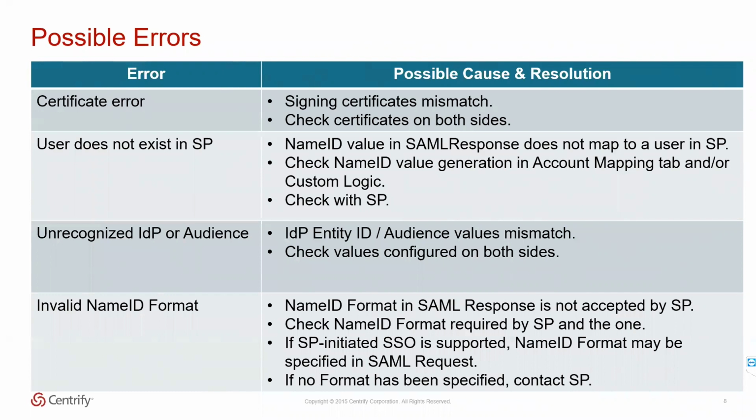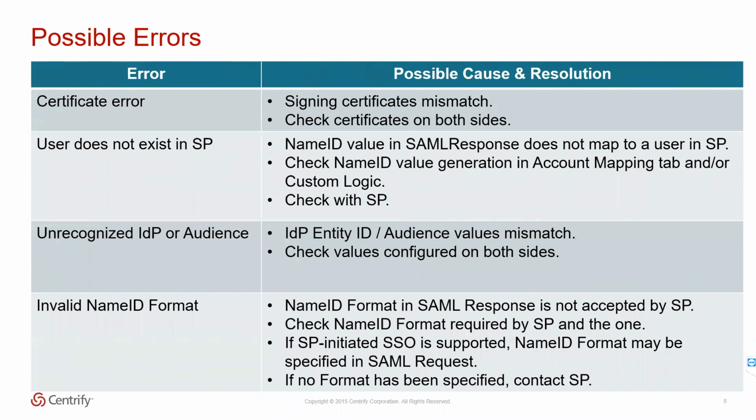That value generation, primarily in account mapping. If after account mapping there's also custom logic, aka advanced scripts, being set, then we've got to look at that too, right? And again, we can use the preview button to see the output. But by this point, any network trace captured would also show the value being sent.